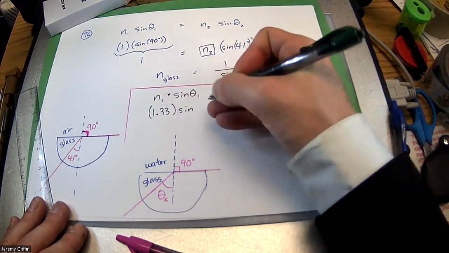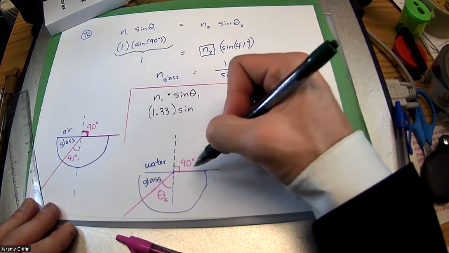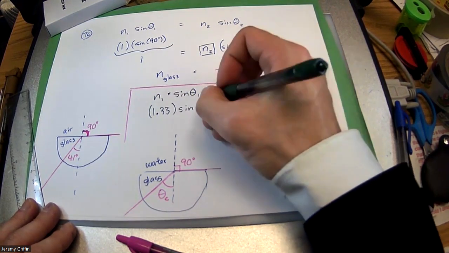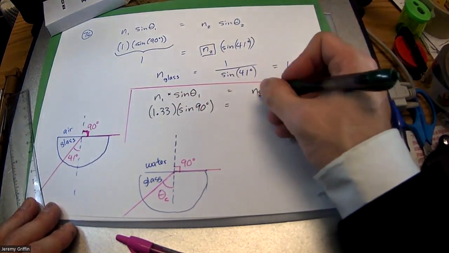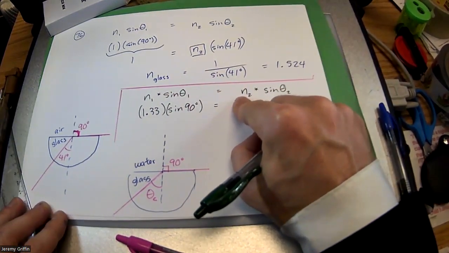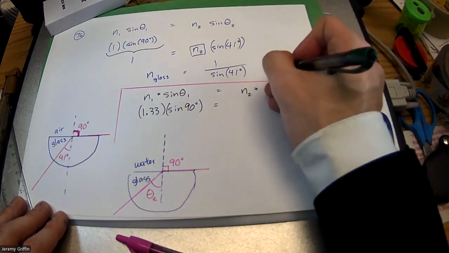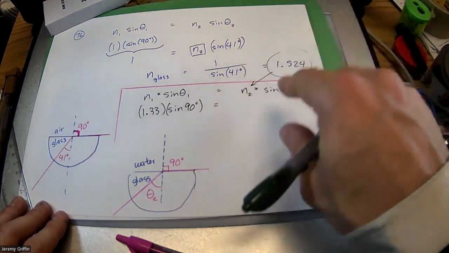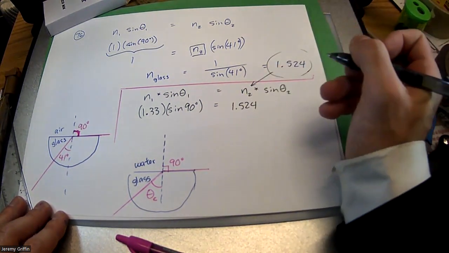And the angle, guys, what angle should I put in for the water here? How about this 90 degrees right here? 90 degrees is equal to, right? What feeds into this n2? This number right here, 1.524, the index of refraction of glass.